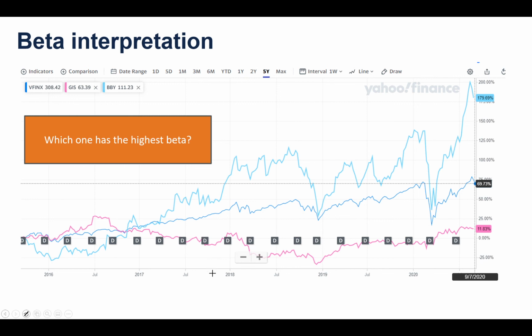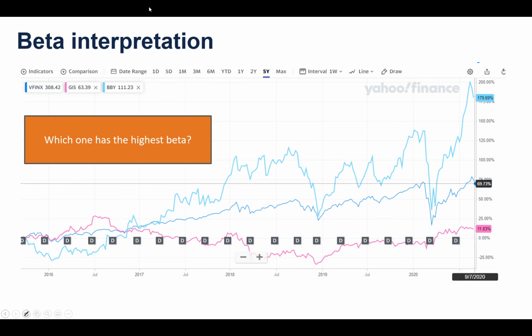The market went down a little bit, and it was a little bit down as well, not as dramatically as Best Buy. Then it went up, recovery. The market went up, but General Mills didn't go up as the market did. Then coronavirus happened. The market went down. Best Buy went down way more, and General Mills didn't go that far down, right?